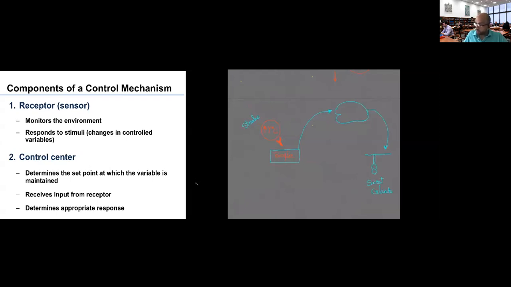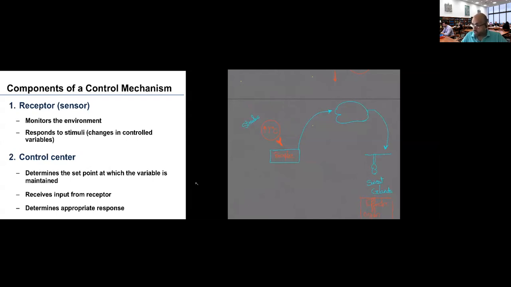And the sweat glands, in this case, are going to be the effector organs, the ones that are going to have an effect. So you've got an effector organ in here.